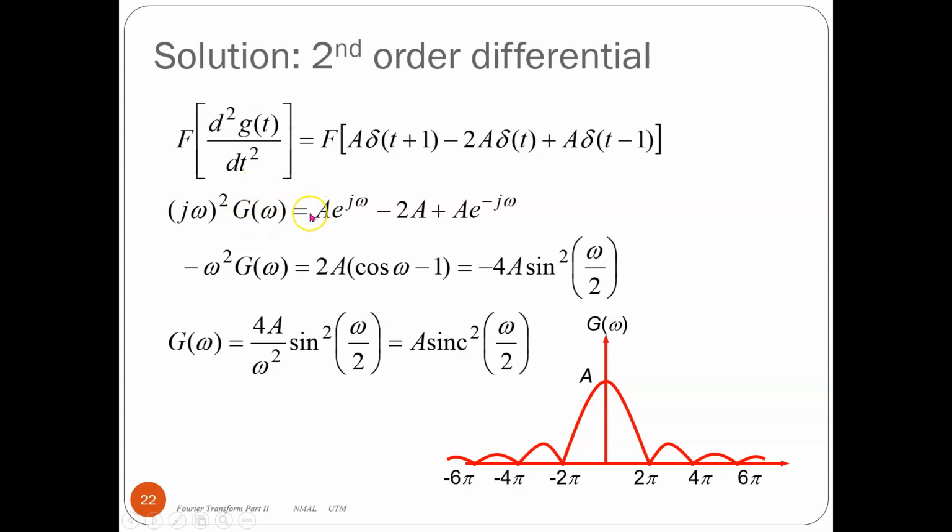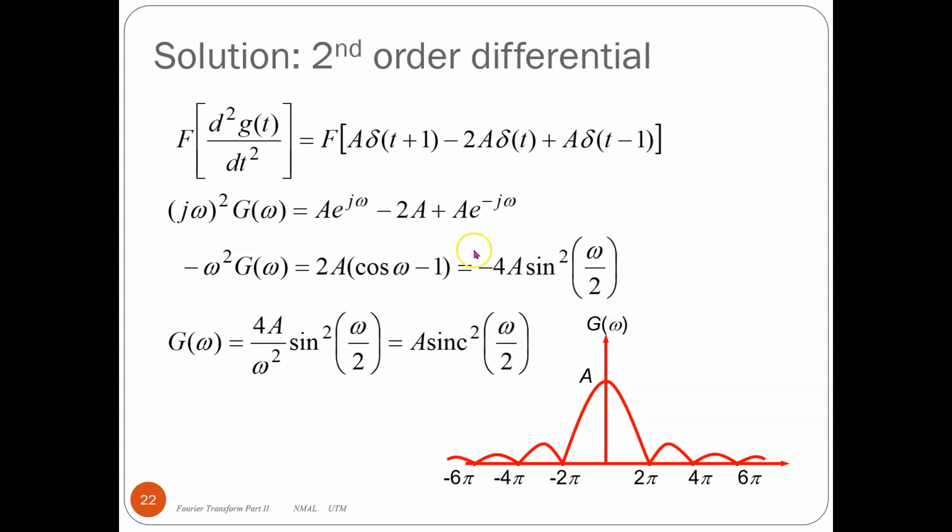This is also equivalent to A exponent j omega minus 2A plus A exponent negative j omega. So (j omega) squared is actually negative omega squared. We solve for this, divide by omega squared, and we will get A sinc squared(omega over 2).